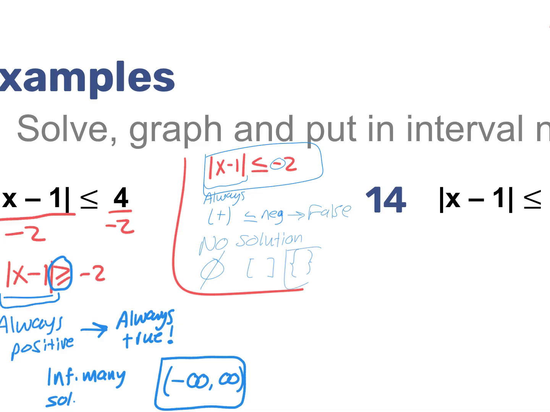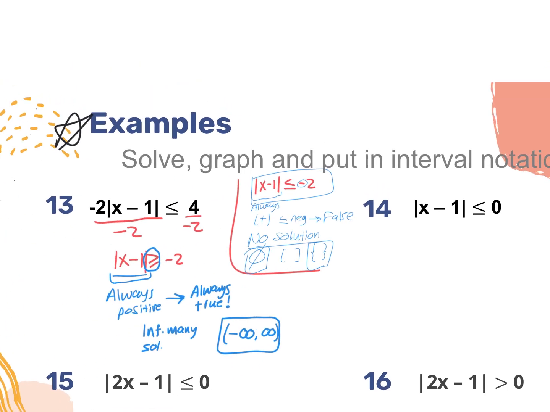Really, this is more mathematically proper; it just means that there's a set and there's nothing inside of that set. Or you can very simply just write no solution. So these are all valid ways to write our answer. All right, that's one special case.